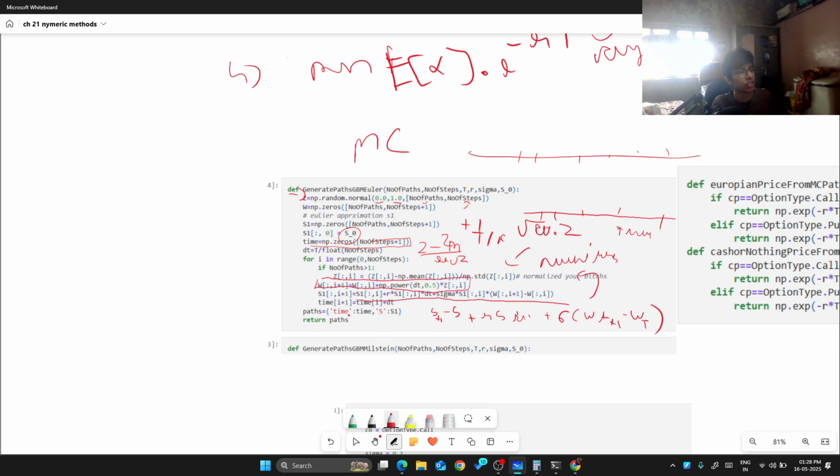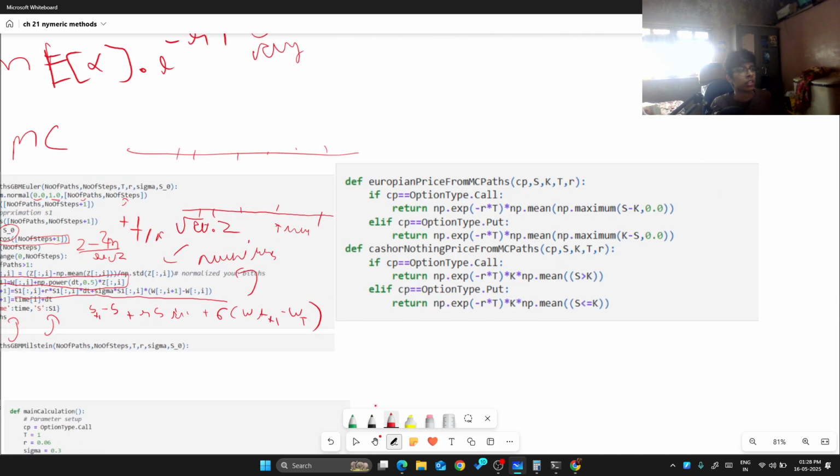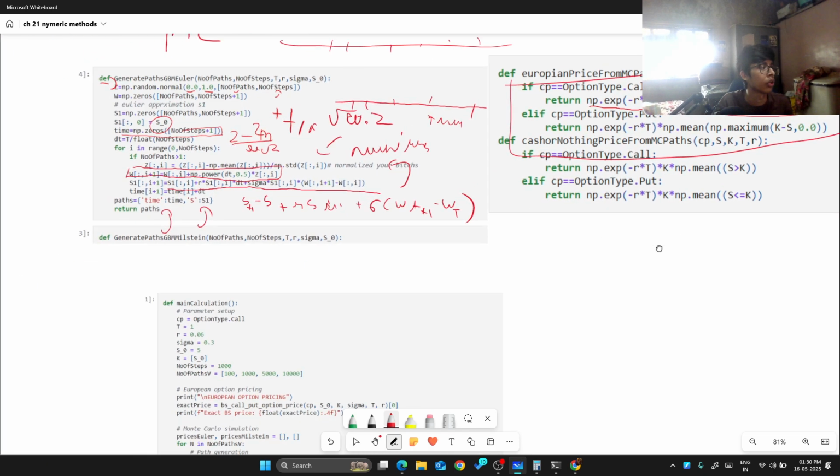Then we store every value of S in time in S1, and we have another function that calculates the discounted payoff. We discount it with the mean of, and then we find the mean of S minus K, and that is our final formula of return for the European price.